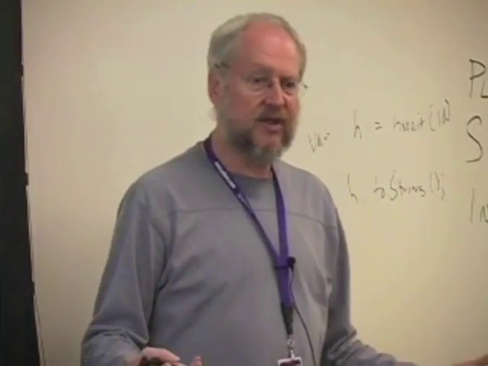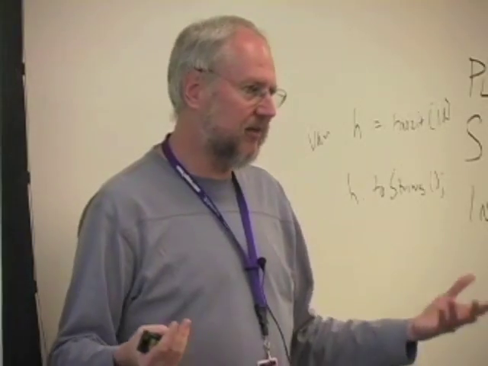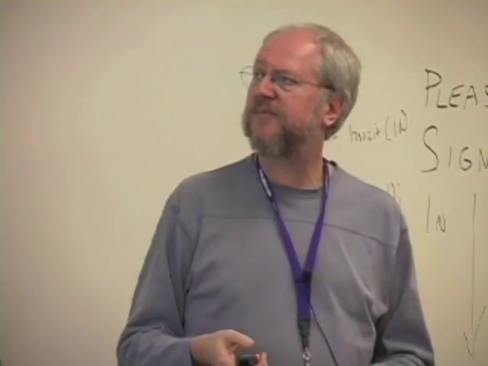But today we got these really heavy AJAX applications, which are really full-fledged applications. And we're suffering from not having that basic level of optimization. So two things which are very commonly done in most other languages, common sub-expression removal and loop invariant removal, are easy to do yourself. And I recommend in most cases you go ahead and do it.